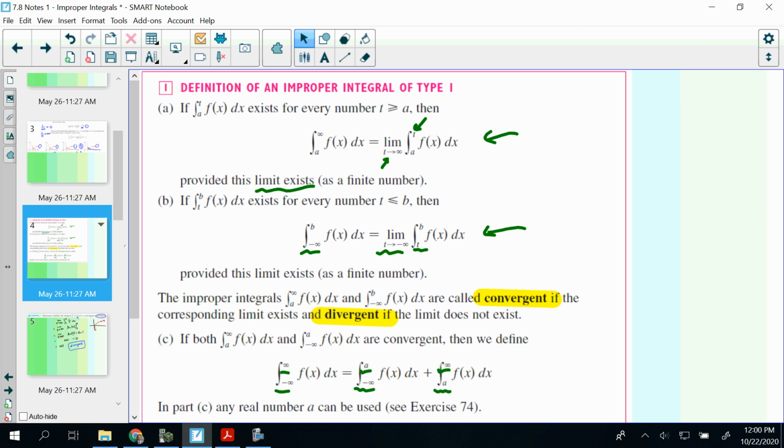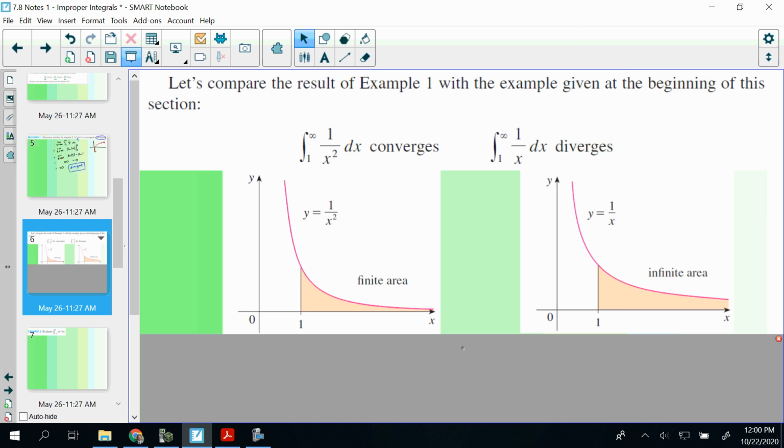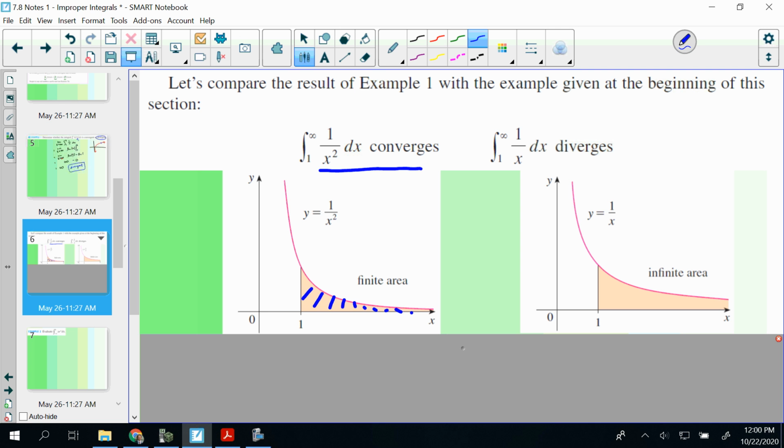So what we've seen now is that in the graph of 1 over x squared, when we did that graph a little bit ago, we saw that that was converging to a number. That exact area we found there from 1 to infinity ended up being 1. If we do the same thing with the graph of 1 over x, this had an infinite amount of area. It was not finite. This one diverges, whereas this area was exactly 1.